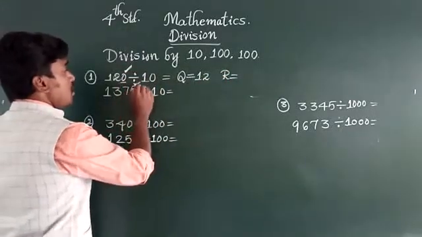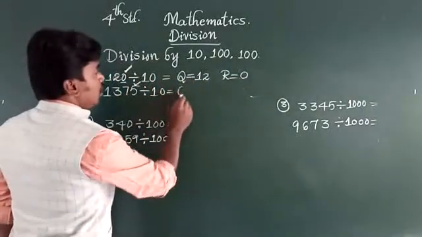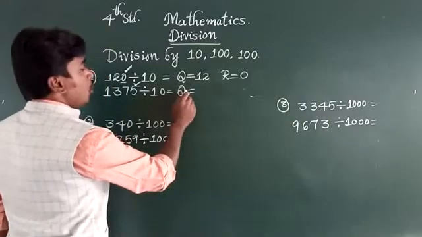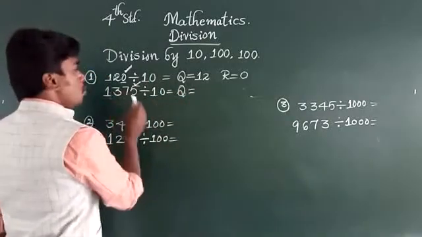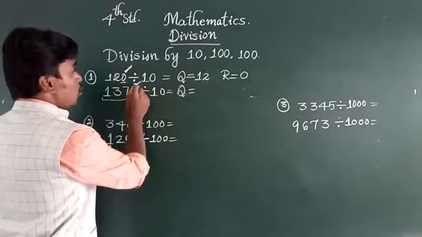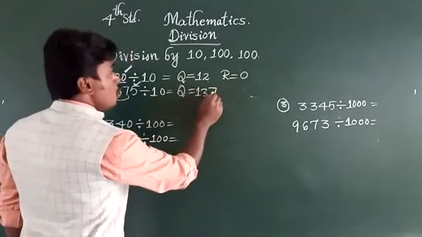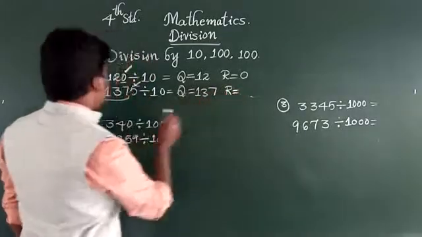Here also I have ticked. The remainder is 0 here. In this question, Q indicates the quotient. The quotient is 137. Here, dear children, the last digit is the remainder, so 137 is the quotient and the remainder is 5.